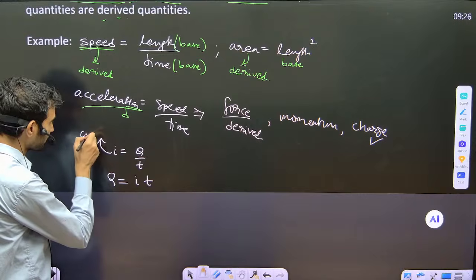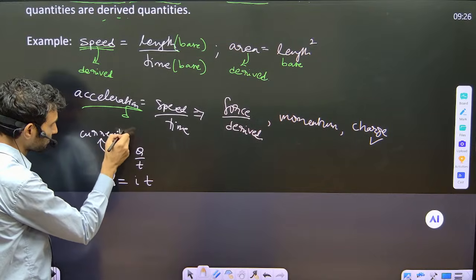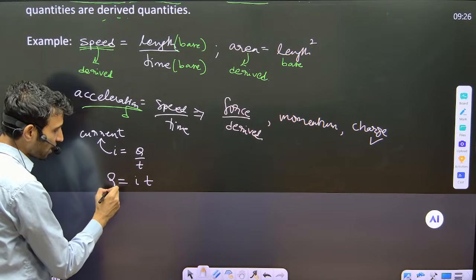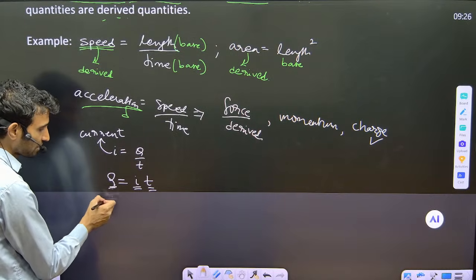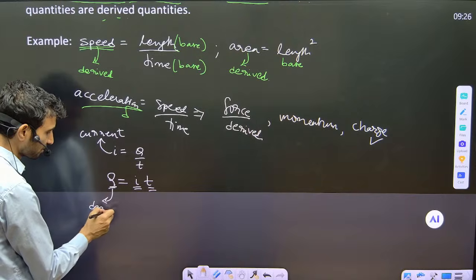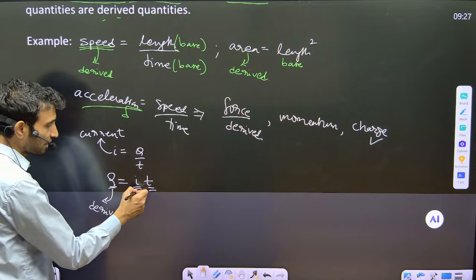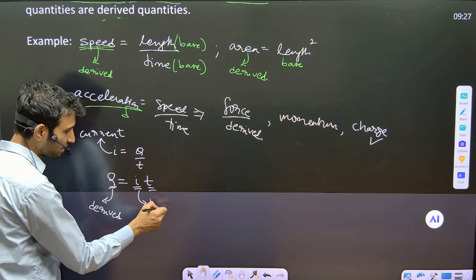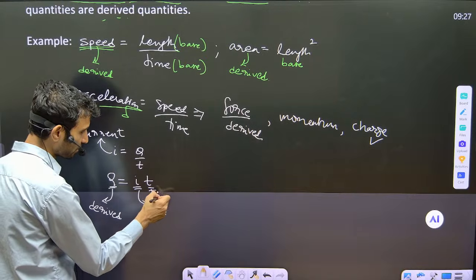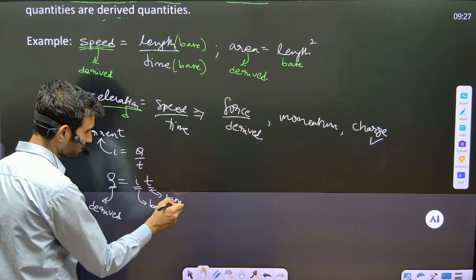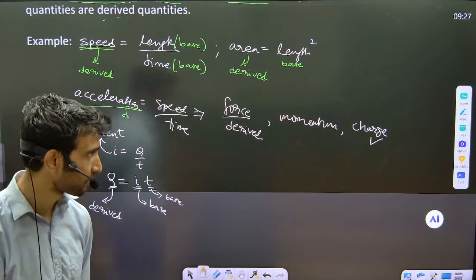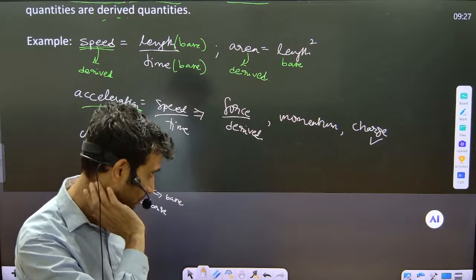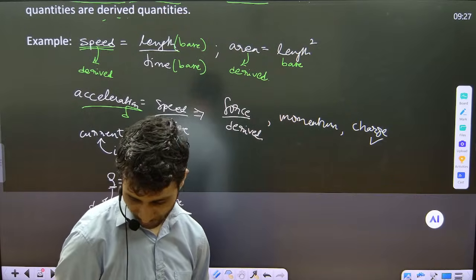Charge is made up of current and time multiplied together. So charge becomes derived because current is already a base quantity, and time is also a base quantity. So charge had to be a derived quantity, right? Take this down.